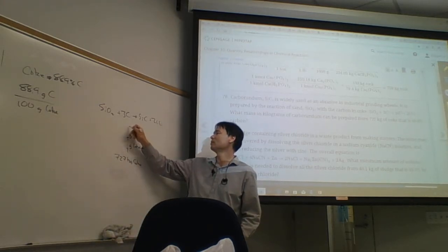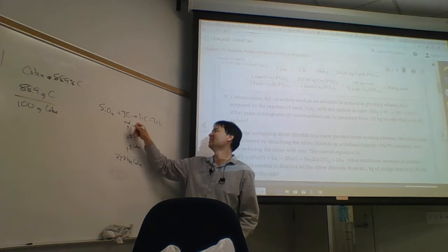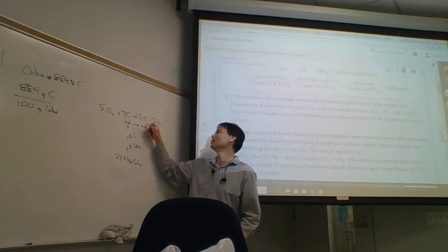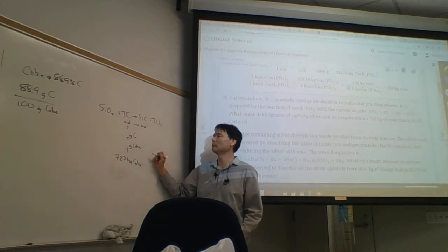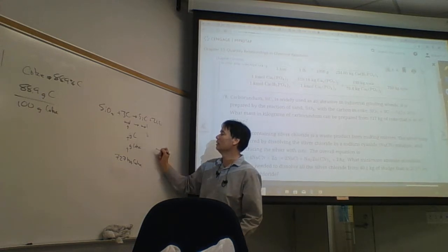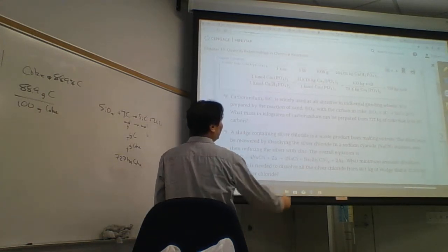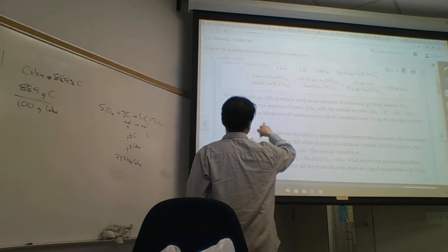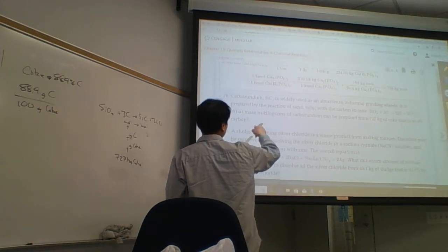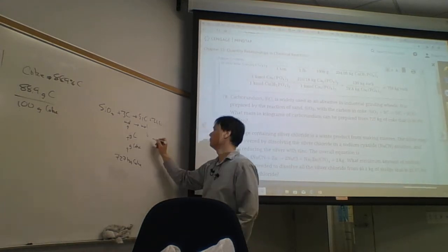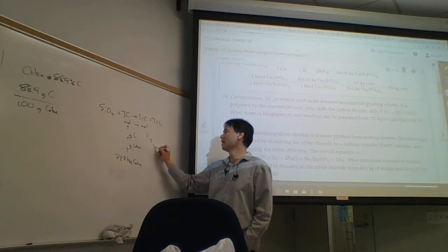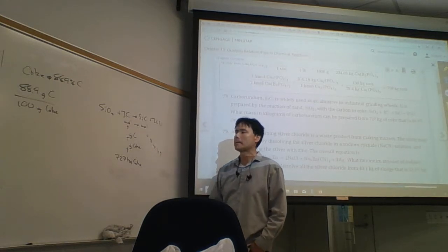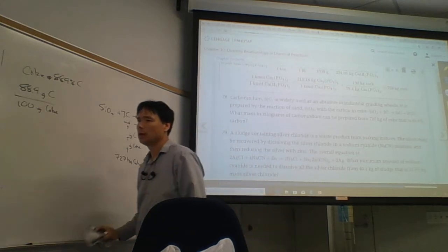And so from grams of carbon I can go to moles of carbon, and then from moles of carbon I can go to moles of silicon carbide or carborundum, and from moles of silicon carbide they want kilograms. And so I'd go from moles to grams and then grams to kilograms. That would be it.